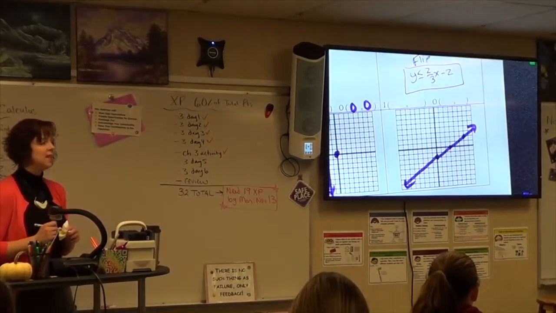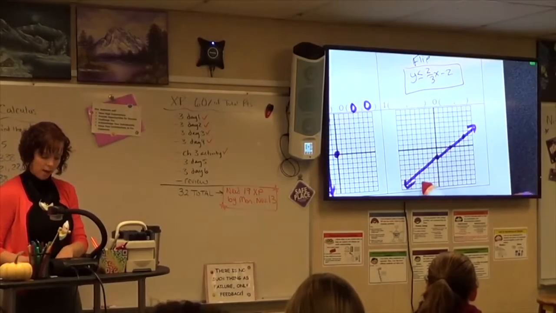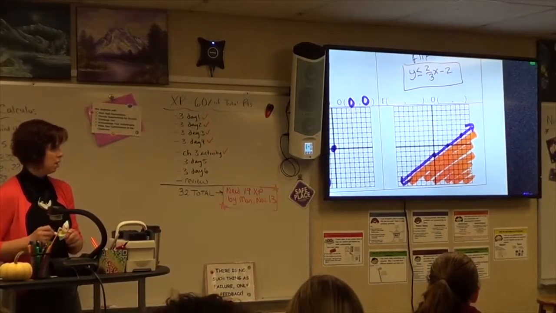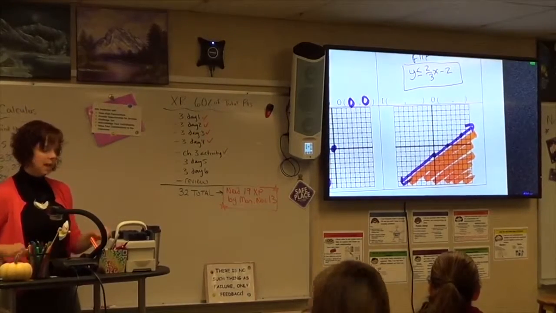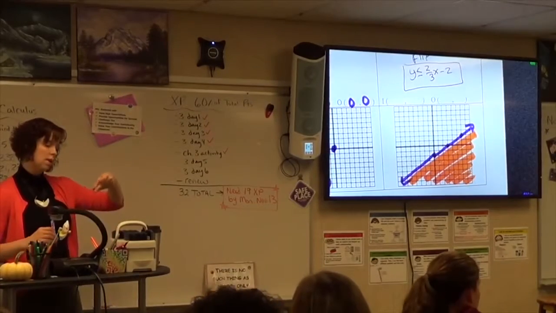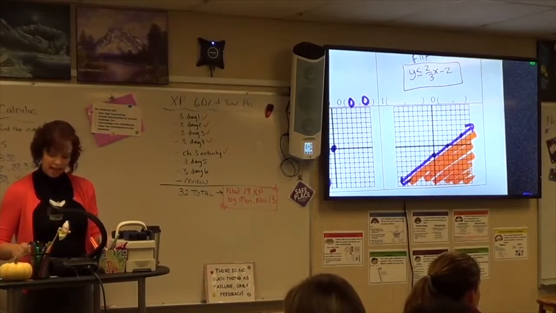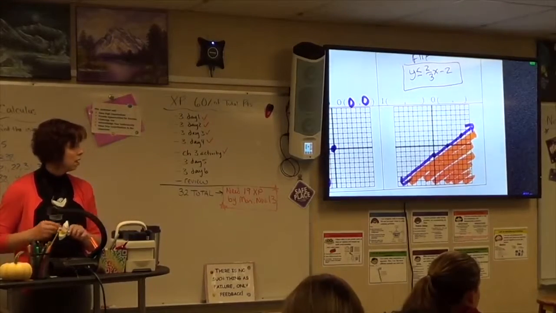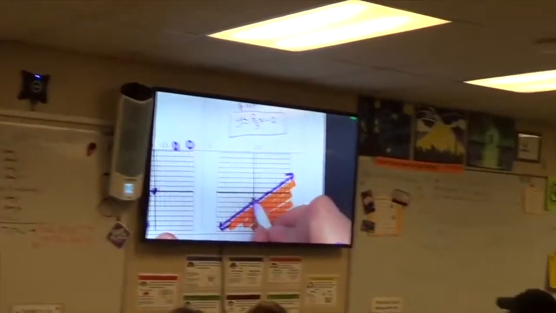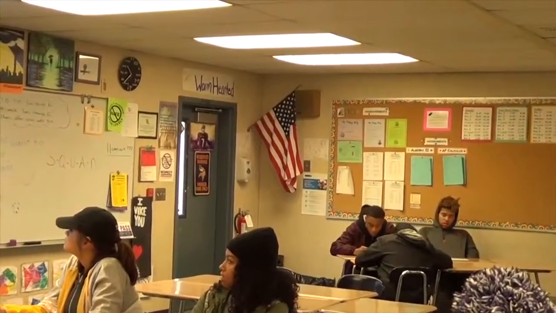Now this says a less than, so where am I going to shade? Below. Okay, I'm going to call someone's name to give me a point. Nigel, you have a point that's inside the shaded. 3, negative 2 right there.